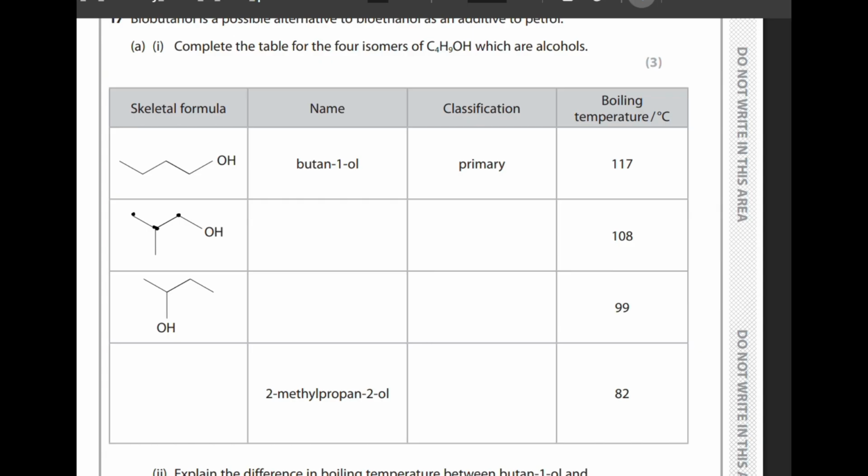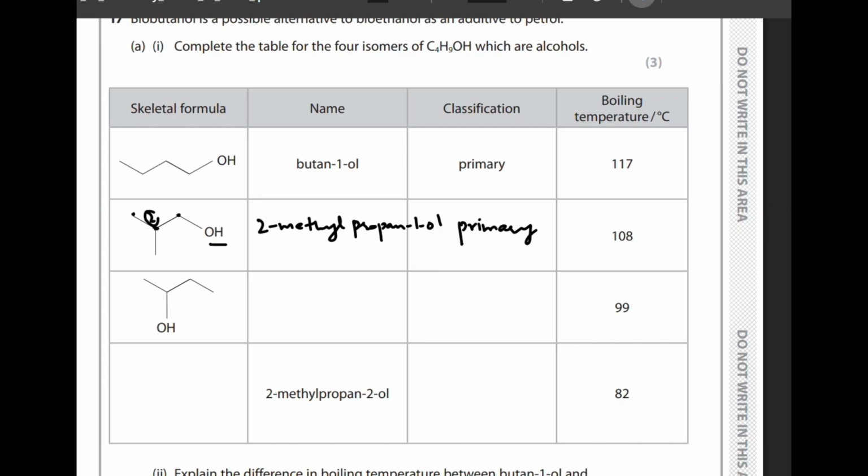On the first carbon OH is attached, and on the second carbon a methyl is attached. So what will be the name? 2-methyl, because the methyl group is on the second carbon, and overall there are 3 carbons. So propan-1-ol, because OH is attached on the first carbon, and because the alcohol group is attached on the first carbon, it is called a primary alcohol.